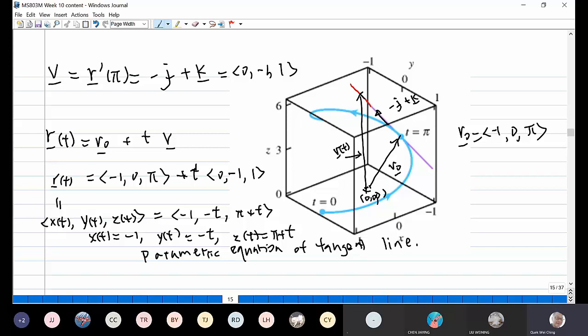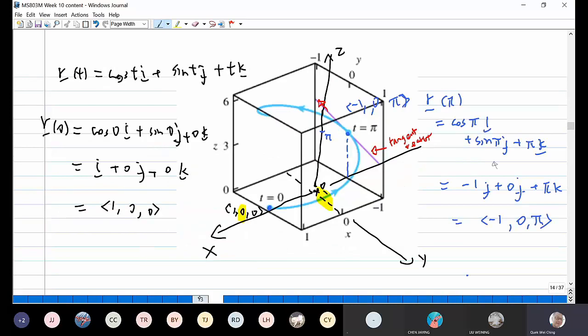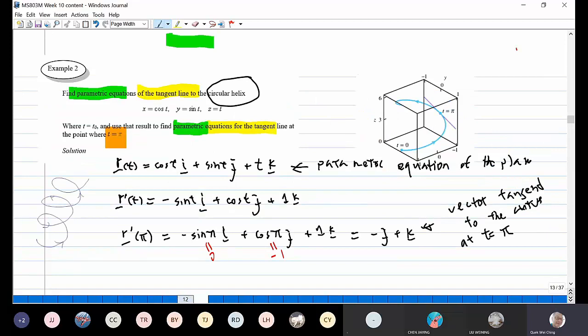Okay, so these are the main points of this example. Maybe I can WhatsApp this example to you. This is considered one complete example. So let me complete this example for you. I'm going to make this a complete example first.